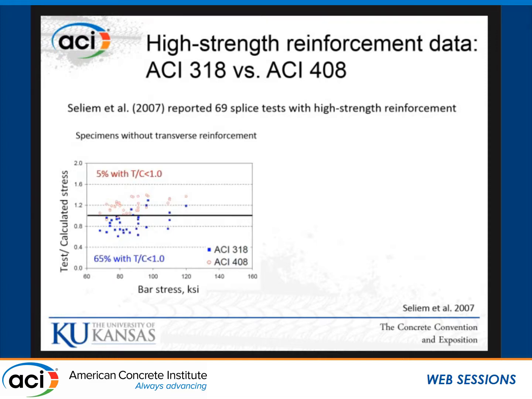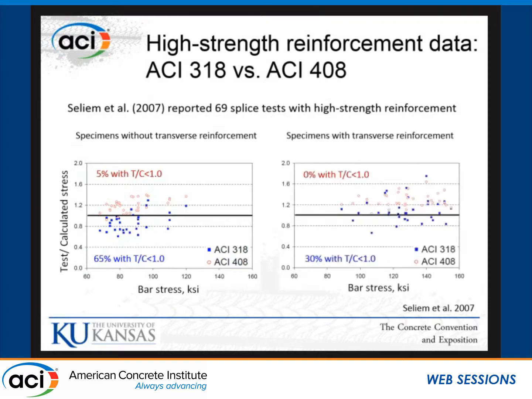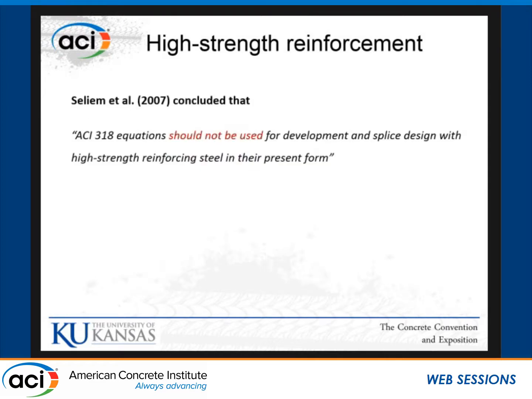For specimens with confining reinforcement, they found that 30% of the specimens had test over calculated less than 1 using the current 318 equation, and none of the specimens had test over calculated less than 1 using the ACI 408 equation. Sakurada et al. concluded that the ACI 318 equation should not be used for development and splice design with high-strength reinforcing steel in its present form.